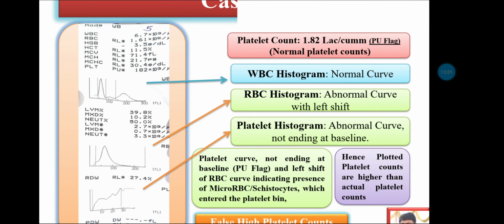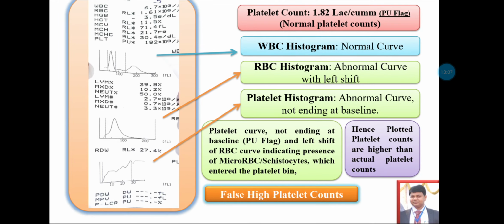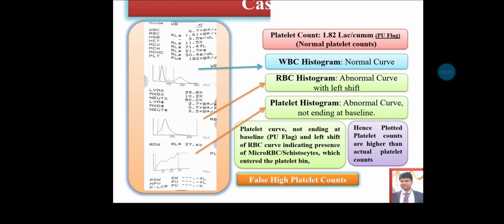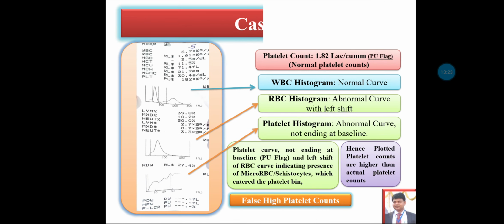Due to this, the plotted count of 1.82 lakhs is basically a false count, and this patient's actual count might be around 1 to 1.2 lakhs. We can interpret from this histogram that the plotted counts might be false, and this can be confirmed by the peripheral smear.